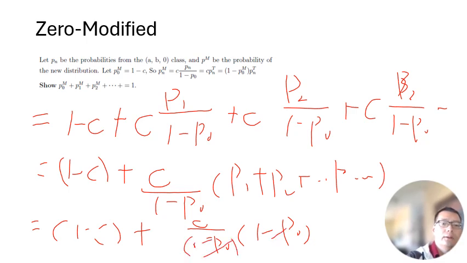This and this cancel, so it will be 1. This is just saying this zero modified is very similar to zero truncated, except its P0 is a small number, so there's a slight difference in terms of the structure of PnM.